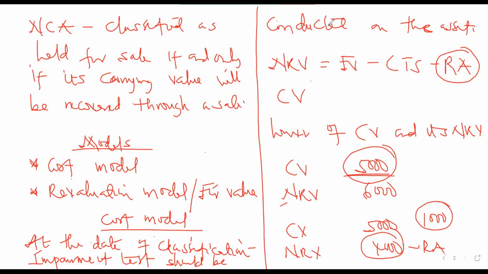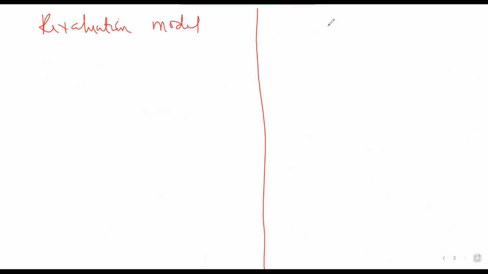If the asset is carried under the revaluation model, the case will be different. How will it be different? It will just be the same as we are applying our revaluation model.